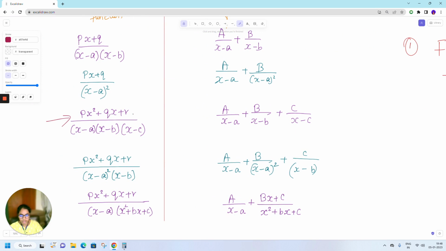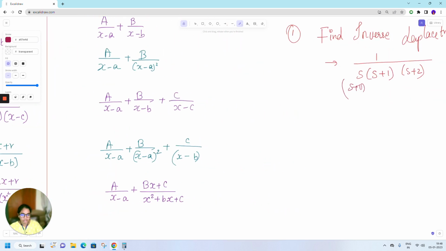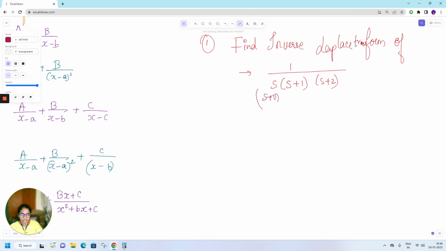So this I can write as a divided by x minus a, correct? So what I'll do is, I'll write our given inverse Laplace transform question as: LHS would remain as it is, s into s plus 1 into s plus 2, equal to a divided by s plus b divided by s plus 1 plus c divided by s plus 2.